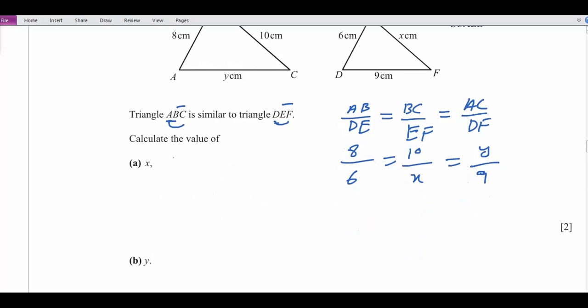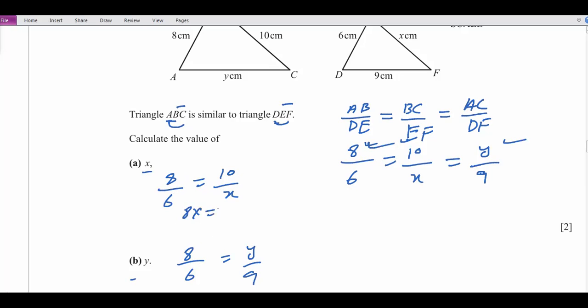In the first part we have to find X, and in the second part we have to find Y. For finding X, I will keep this and this equal: 8 over 6 equal to 10 over X. For finding Y, I will keep this and this equal: 8 over 6 equal to Y over 9. Because all three are equal, you can keep any two of them equal. So for this one, what should you do? Cross multiply. You will get 8x equal to 10. So from here we will have x equal to 10 over 8. What is 10 over 8?